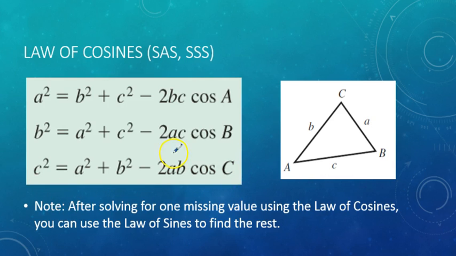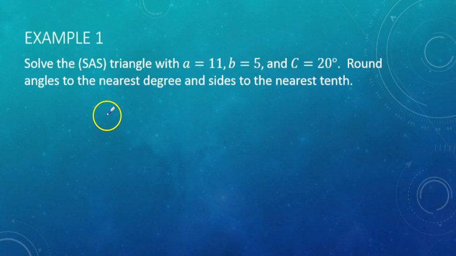We don't have side C, so we can just plug the values into this formula right here, because we do know side A, we do know side B, same things here and here, and then we do know angle C. So if I'm plugging into this formula, I'm going to have C squared equals 11 squared plus 5 squared minus 2 times 11 times 5 times cosine of 20 degrees.